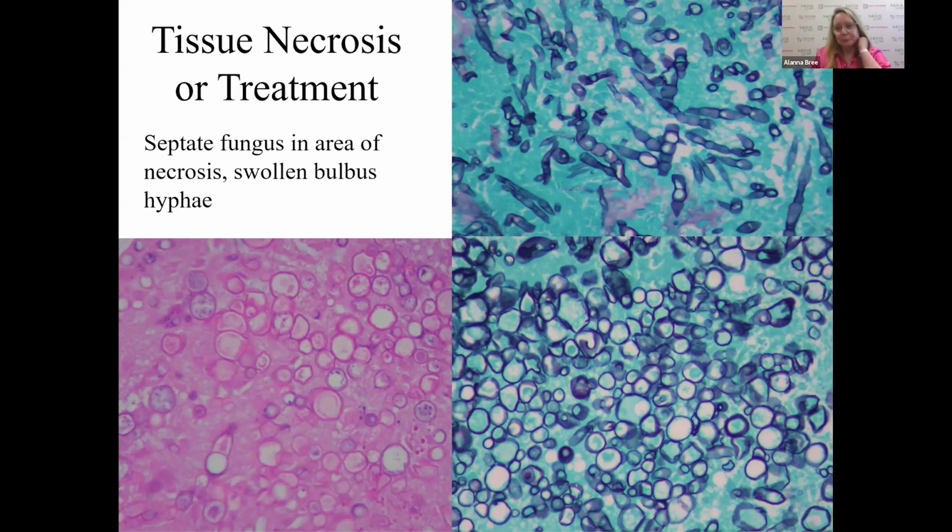So again, really important to involve your dermatopathologist to help with the clinical pathologic correlation. Also important to give your pathologist the clinical information if it's been treated. And then again, you want to biopsy in the right areas. You've got to be biopsying viable tissue to be sending for H&E, special stains and cultures.